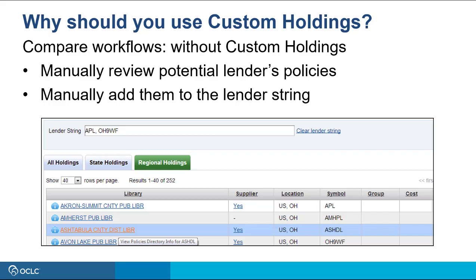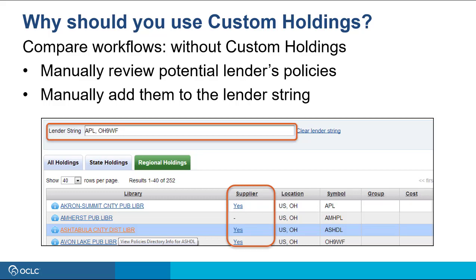And then you click the Yes link under the Supplier column to manually add each lender to the lender string. This process will need to be repeated for each potential lender and for every ILL request you want to create.